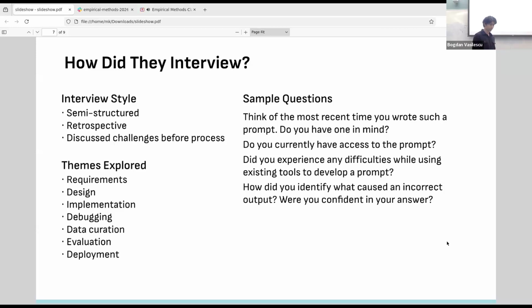Not just what kinds of challenges have you experienced when you've been prompting in the past? It's a hugely different level of quality of the information that you can get from your participants this way. So hopefully you see these examples implemented in these papers that we're reading, doing this thing that I mentioned last time.